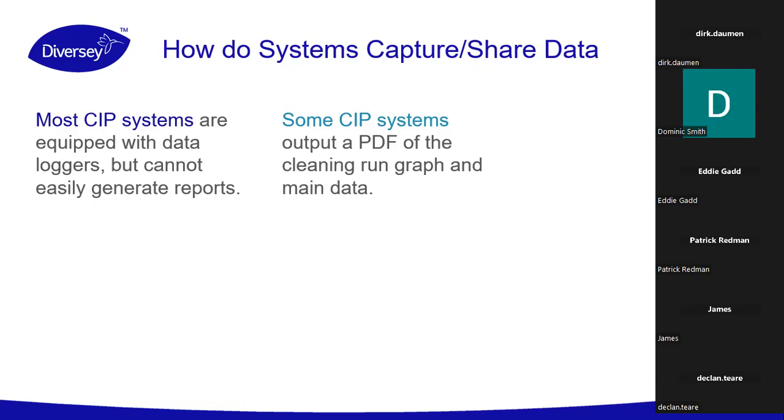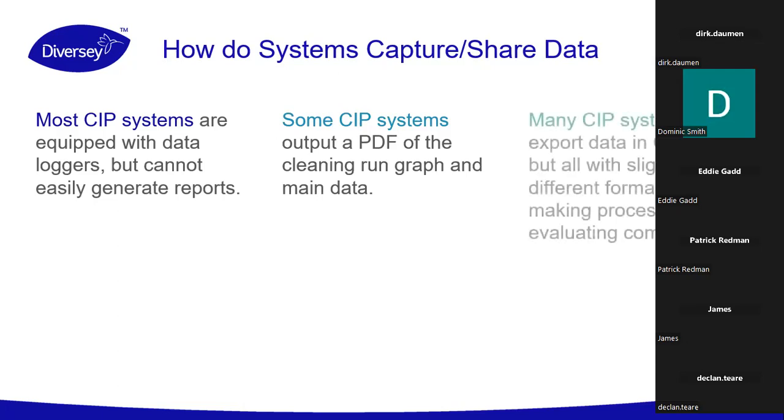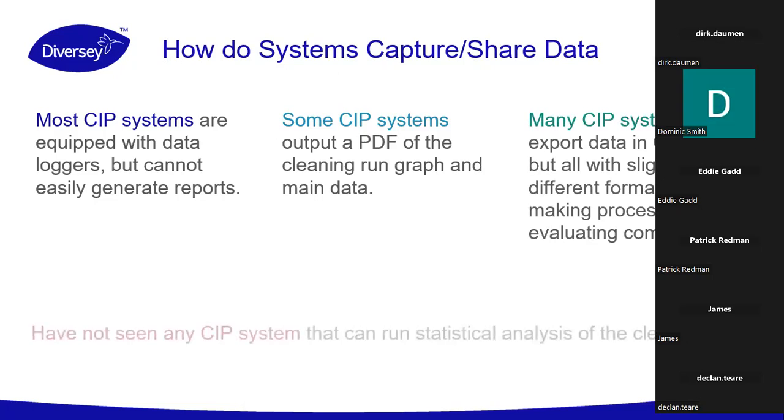But that's all you get, the graph. Some systems can export data to CSV files, but they all have slightly different formats, making processing and evaluating complicated. We've not seen any CIP system in itself that can run statistical analysis of the cleaning data.